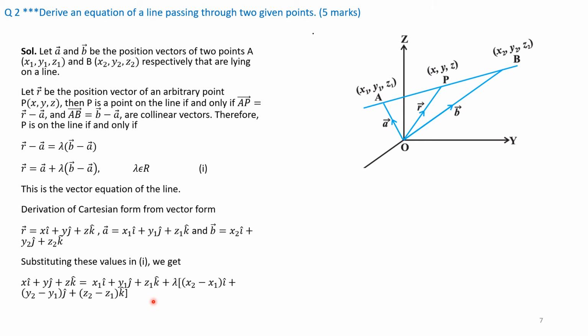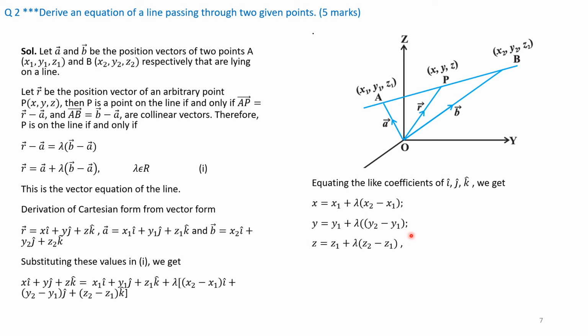Equating the coefficients of i, j and k between the left hand side and right hand side, we get x is equal to x1 plus lambda into x2 minus x1, y is equal to y1 plus lambda into y2 minus y1, and z is equal to z1 plus lambda into z2 minus z1.